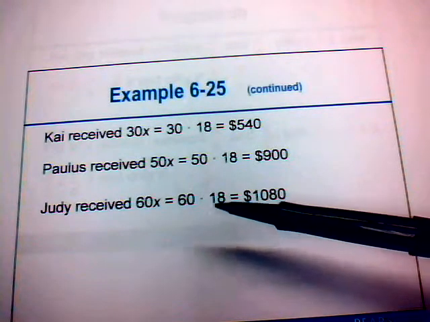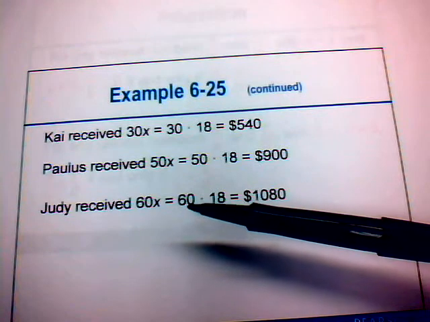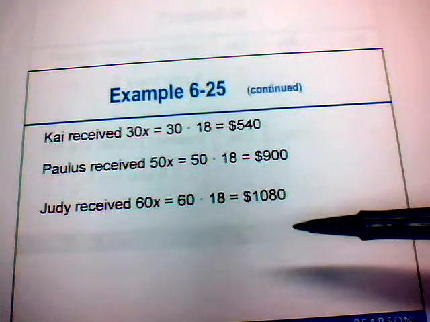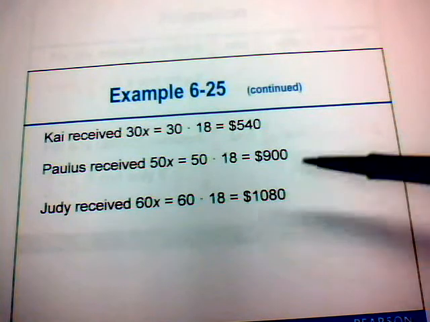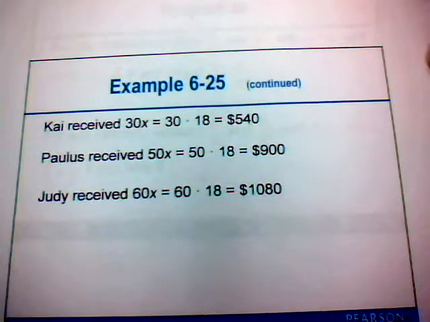And then we multiply the $18 per hour times the 60 hours that Judy worked, so she will receive $1,080. These are the amounts that each one of them will receive. Now, if you add these numbers up together, you should get $2,520.